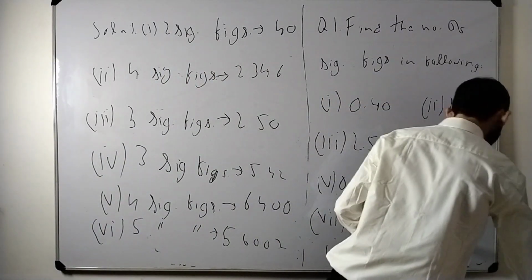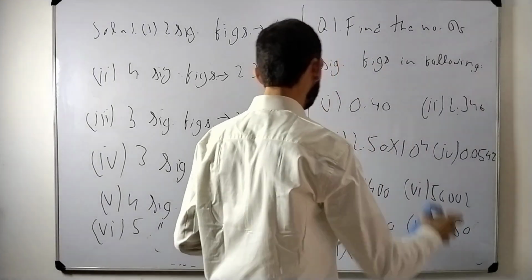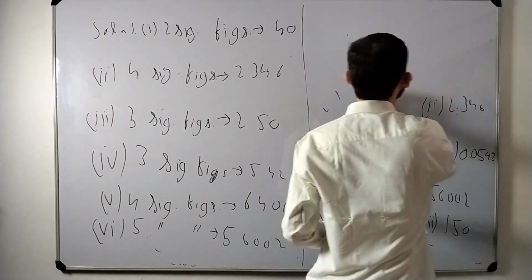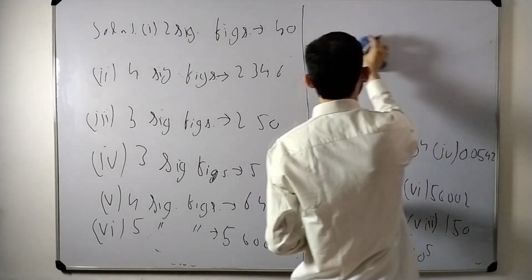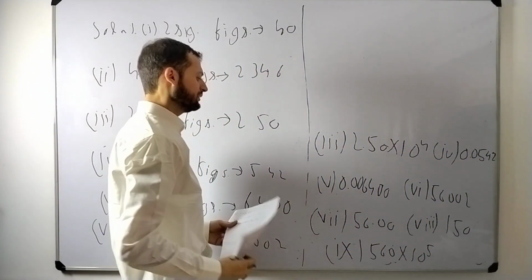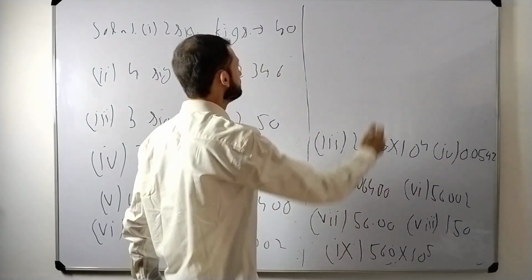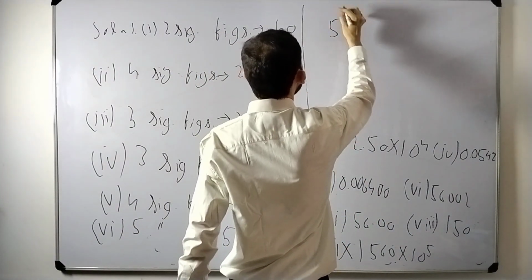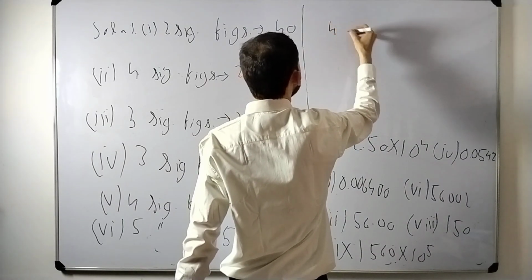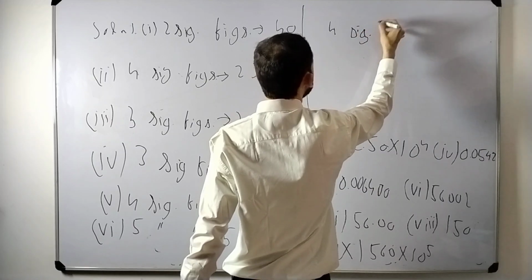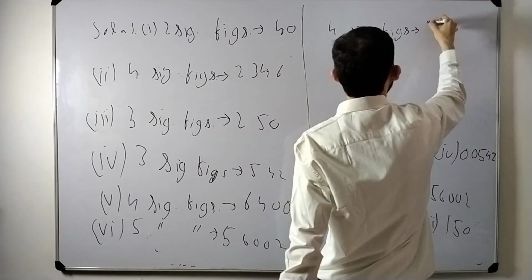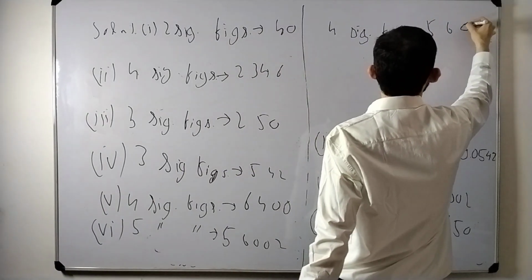No. 56. How many, student? Sir, 4. Yes, very good. What are they? 5600. Actually, you don't say 00 here. After decimal, 4 significant figures. 56.00.